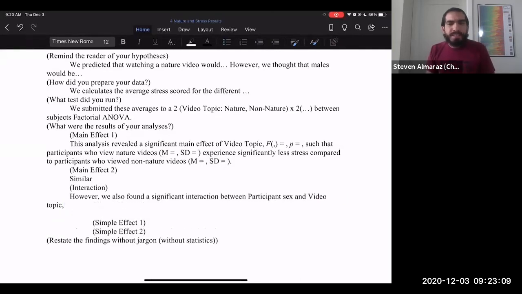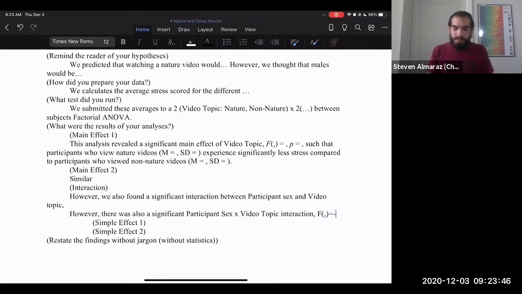I want to write that sentence in another way. I could write it like this. However, there was also a significant participant sex by video topic interaction. Okay, both of these statements though are going to require some statistics. So I'll need an F value with degrees of freedom and a P value.